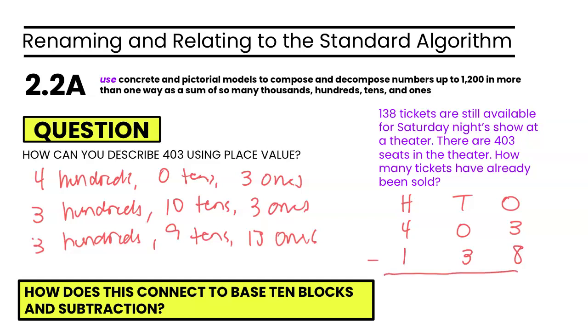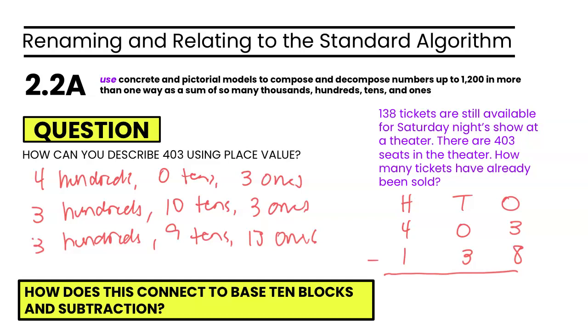Now we are going to subtract this using the standard algorithm. What we notice is that in the ones place, we can't subtract 8 from 3. We don't have enough ones in order to be able to subtract 8. This is where the borrowing and regrouping process comes into play.